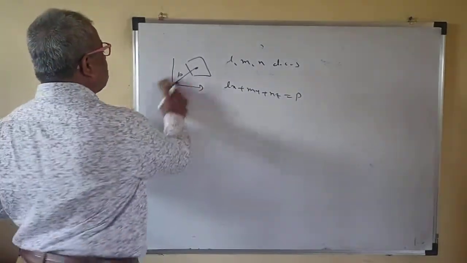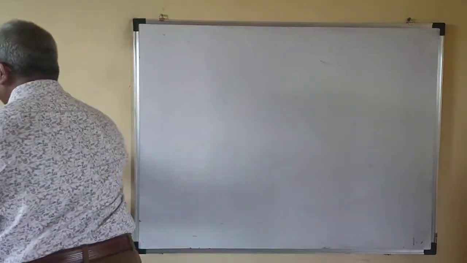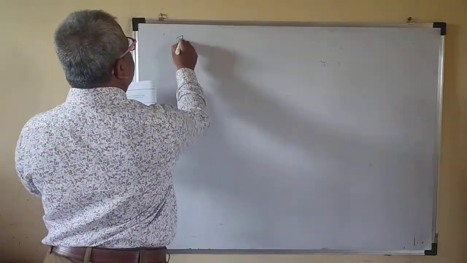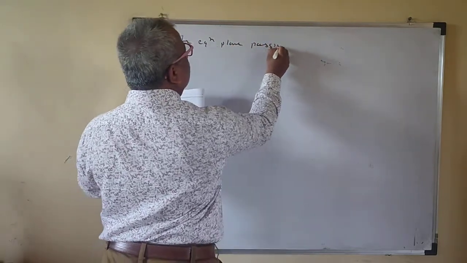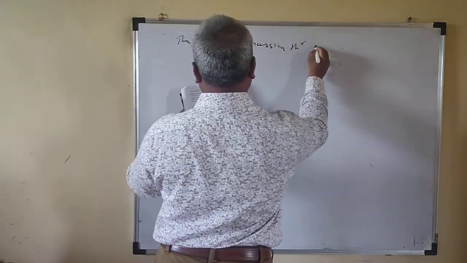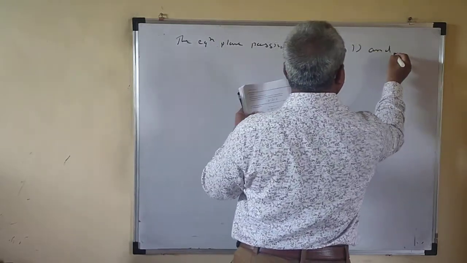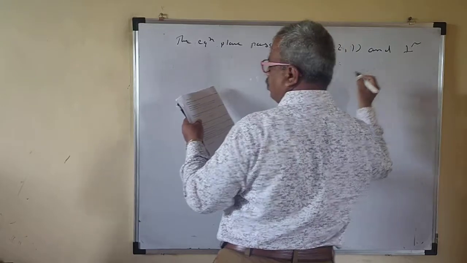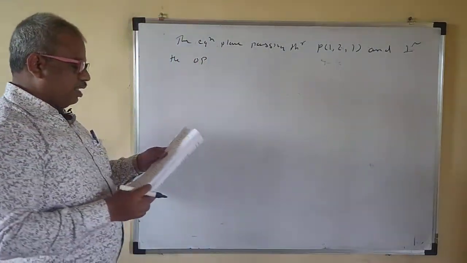Suppose the question is asked like this: find the equation of the plane passing through P(1, 2, 1) and perpendicular to the line OP.